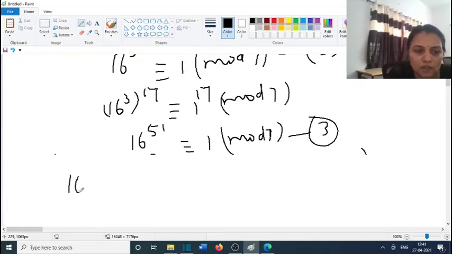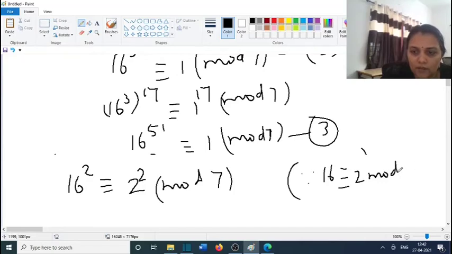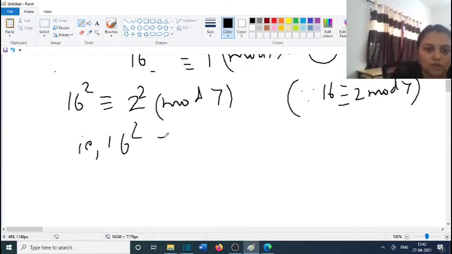So 16 square is congruent to 2 square mod 7, since 16 is congruent to 2 mod 7. That is, 16 square is congruent to 2 square, which is 4 mod 7.